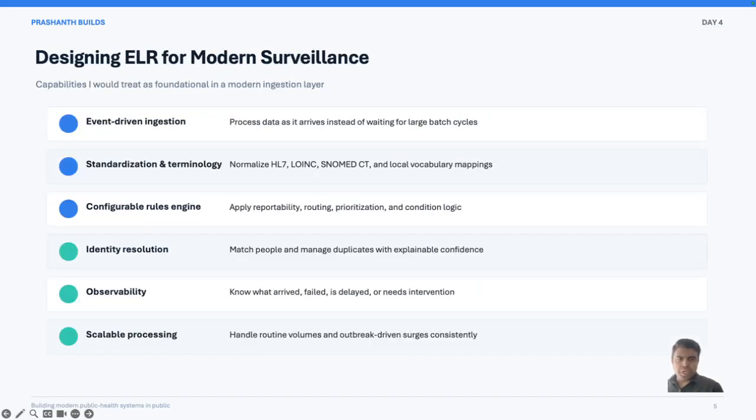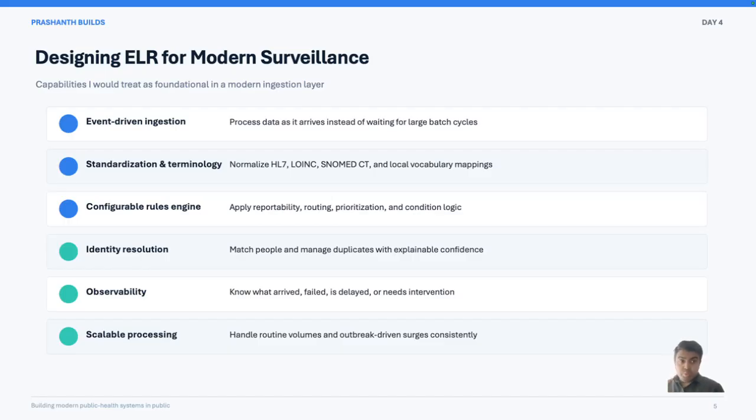If I were designing this capability today, these would be some of the foundational components. I would use event-driven ingestion so that messages can be processed as they arrive. I would separate normalization and terminology mapping from the case management application. I would also have configurable rules for reporting, routing, and prioritization.